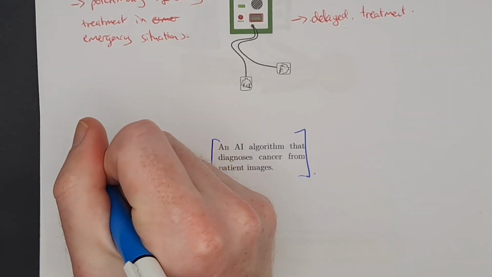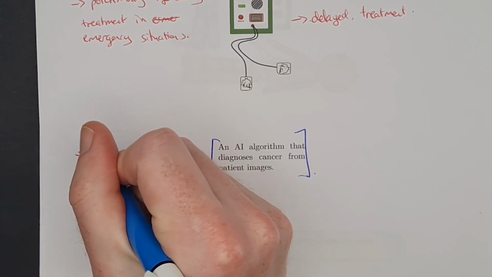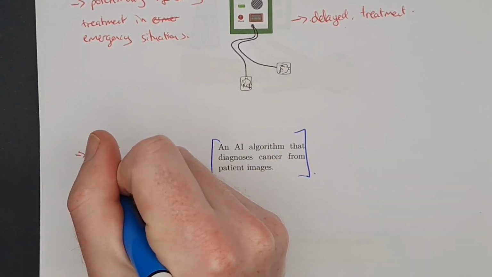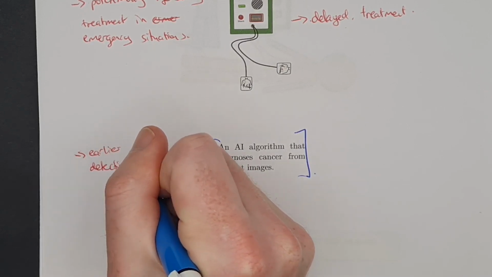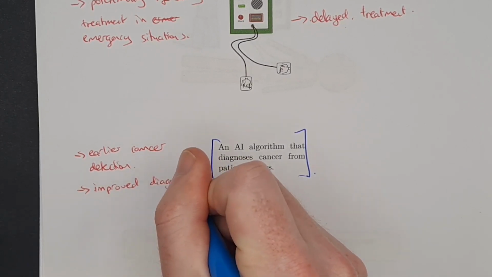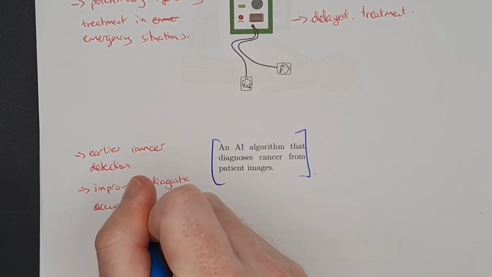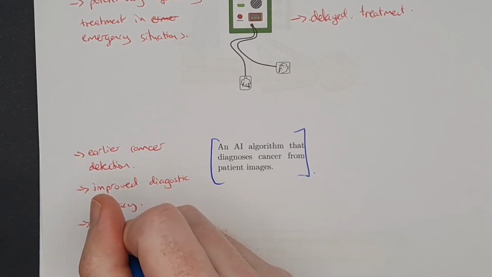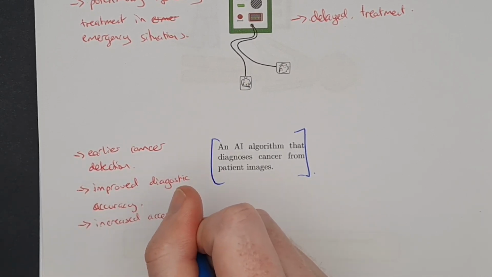And of course, there are tremendous benefits here because you can get earlier cancer detection before it has spread throughout the body and it's easier to treat, improved diagnostic accuracy if the AI ever gets to a point where it has better knowledge than most clinicians, and, of course, increased accessibility to expertise.